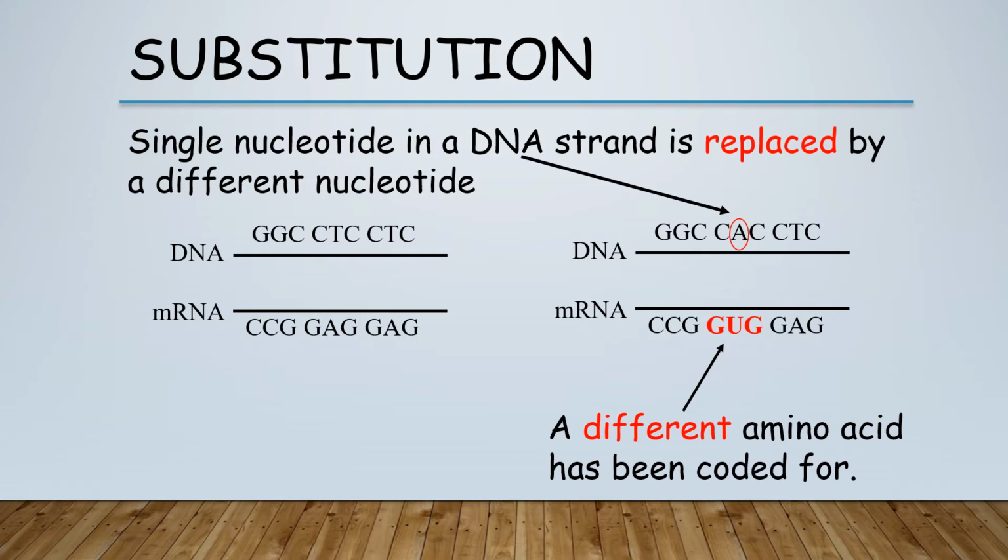We've therefore got a different amino acid coded for, because our mRNA code has been changed. A GAG in that second codon has changed to GUG, and therefore when it goes to the ribosome, a different tRNA molecule is going to be called for to bring a different amino acid into that polypeptide chain.